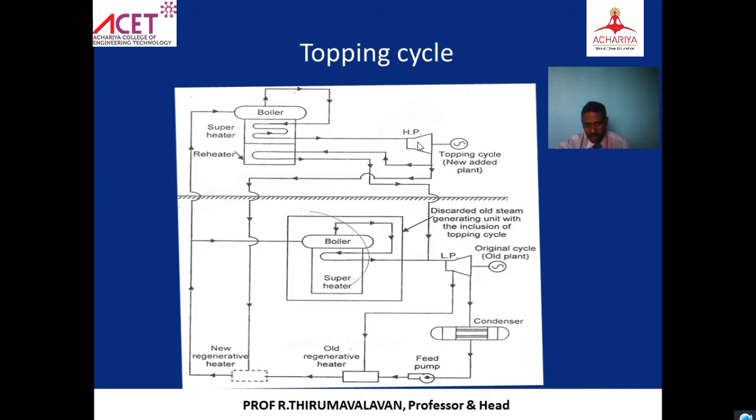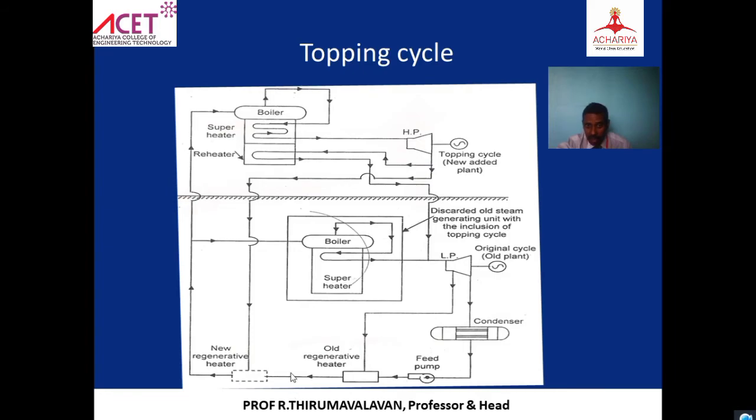After expanding, some part goes back for regeneration and some part goes for the reheating cycle. The first one performs the high pressure work on the high pressure turbine. After it exhausts out, we take it for the reheat process as well as for the regeneration process. The top cycle is over, 1 cycle.